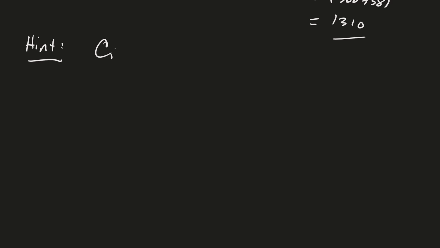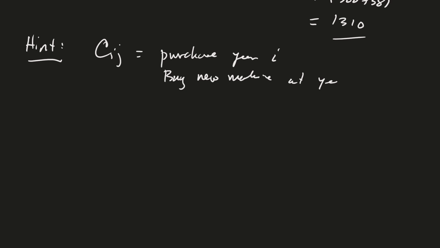Let Cij be our variable, where we purchase in year i, and then we're going to buy a new machine at the beginning of year j.